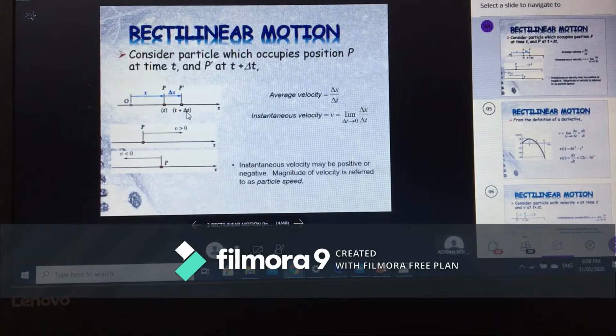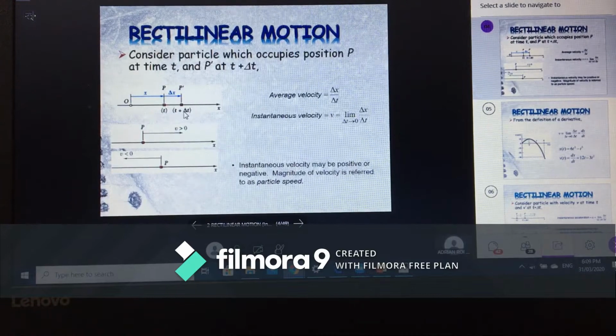Okay, ibig sabihin yan na galing dito patungo dito, t, then from here to there, that is delta t. So you sum up, no, the total time spent by the particle from point O to point P prime is equal to t plus delta t. Okay, the time spent is t, and then from here to there, that is delta t. So total time is t plus delta t.